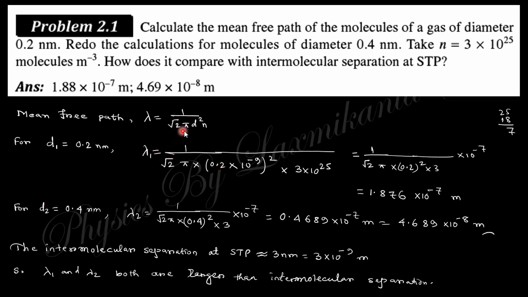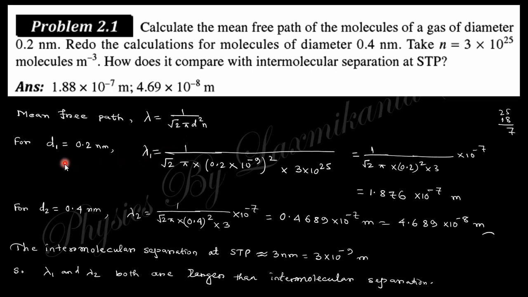The mean free path lambda, from the Maxwell distribution, the Maxwell law of mean free path, gives you 1 by root 2 pi d square n. In the general classical calculation, you would get only pi d square n, and Maxwell introduced the root 2, which is nearly accurate to the experimental result.